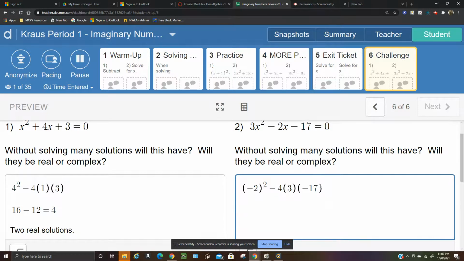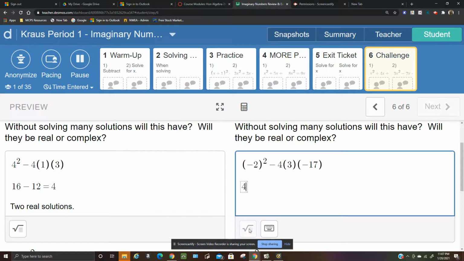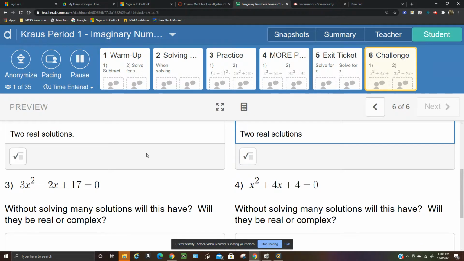Four plus whatever 12 times 17 is. So 204. The real solutions there.